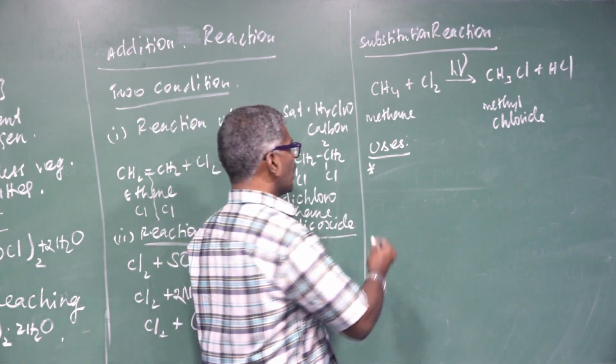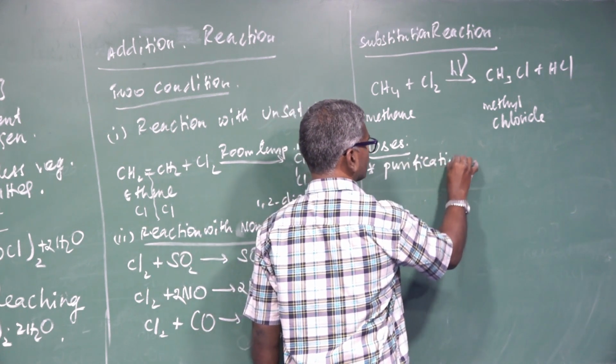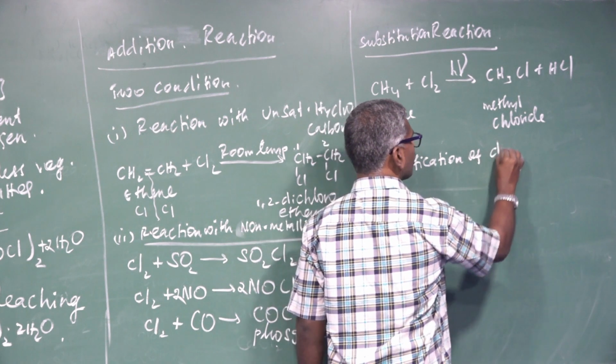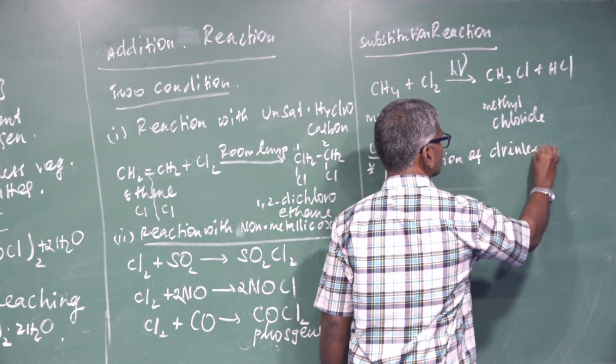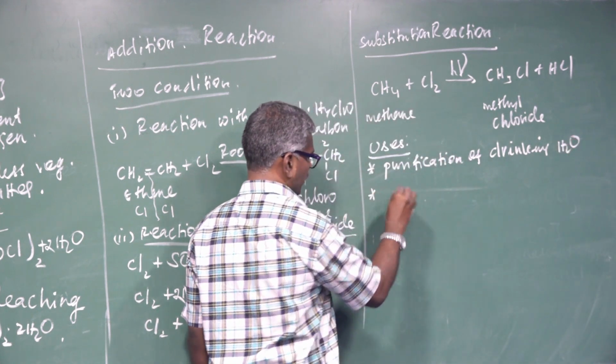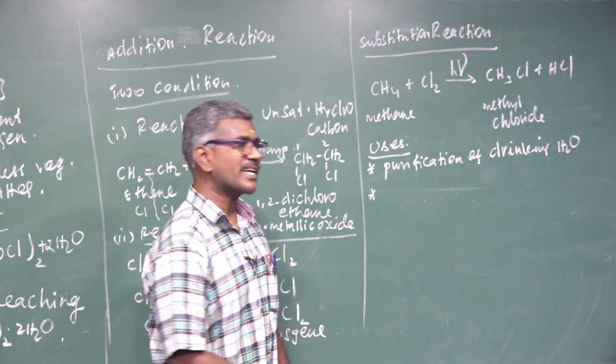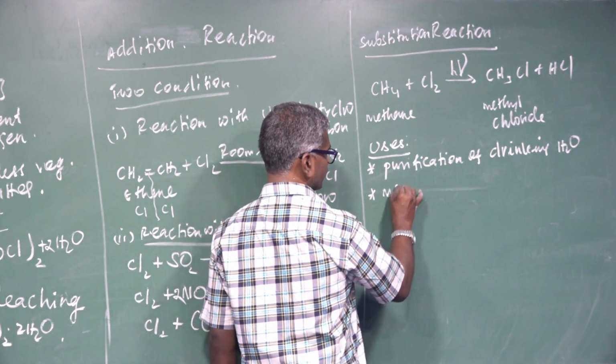Chlorine is used for purification of drinking water. This is point number 1. Point number 2. Chlorine is used to manufacture organic compounds.